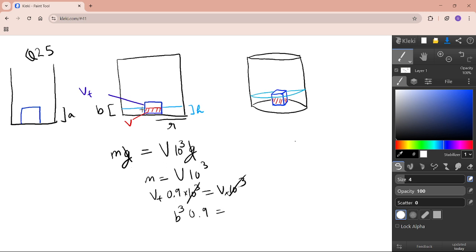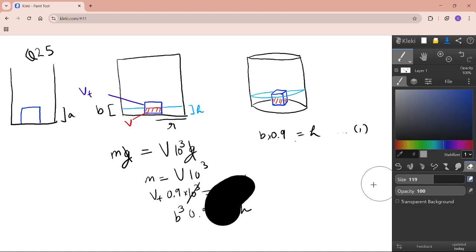The volume inside this red area, how much is this? It's the base, which is b square, times the height h. So b cube times 0.9 is equal to b square times h. This is our first equation. Now here's the thing where people go wrong.